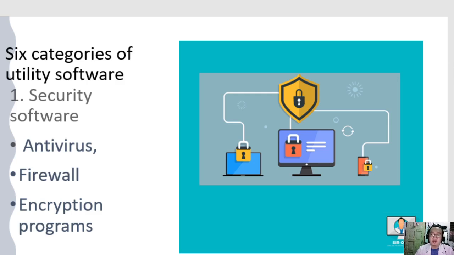And encryption. Encryption software encodes the data so that it cannot be read until it is decoded. So this is a security function also. And the letters HTTPS in our website, especially if you have an LMS or programs for your institution, you can usually see this.